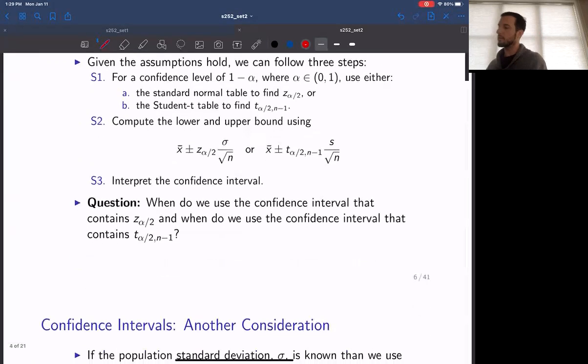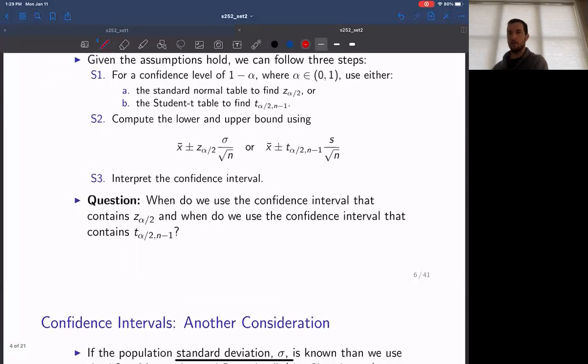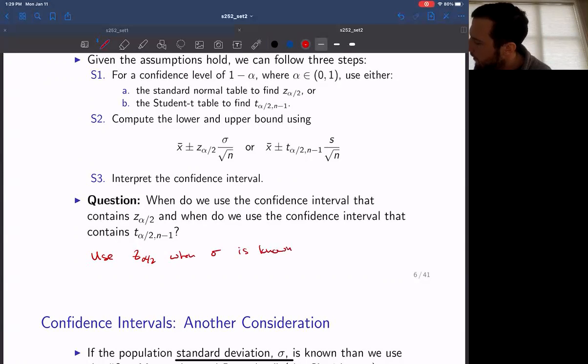So the question on slide 6 says, when do we use z and when do we use t? Basically, we use z alpha over 2 when sigma is known, and we use t alpha over 2 when sigma is unknown.